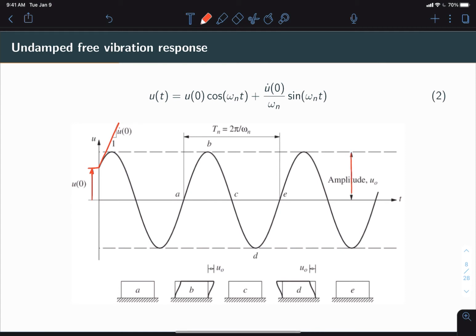Amplitude we define as the distance from the 0 point to the peak of that sinusoidal function. It may not be intuitive, but a sum of cosine and sine results in another sinusoidal function.